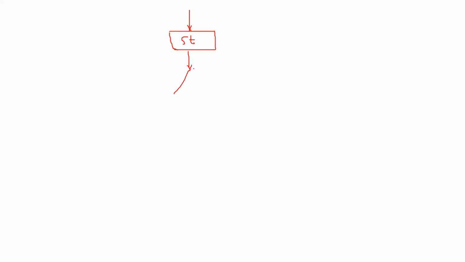So first we have to evaluate the condition, so we will put a diamond shape. This is my condition. This is a boolean expression, so the result of it will be either true or false, right? It will have two branches. Then if it is true, we will execute the while block.